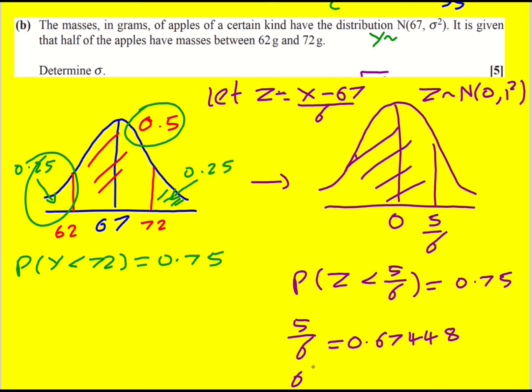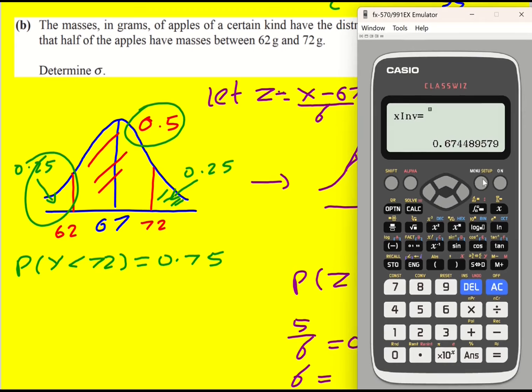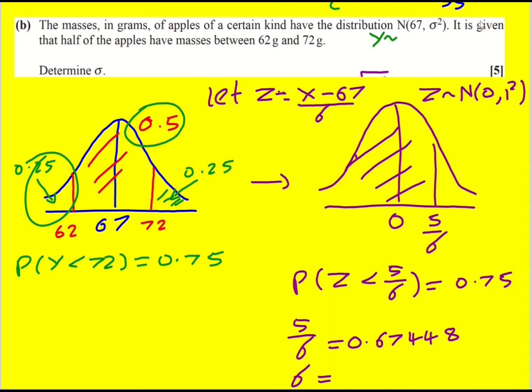Now I just need to multiply through by sigma and divide by 0.67448, and we're there. It's actually stored in the memory already, so I can just do 5 divided by answer, giving me 7.4130, or 7.41.